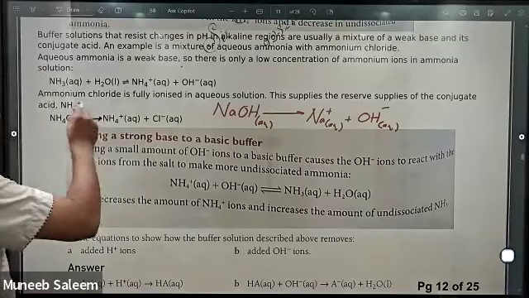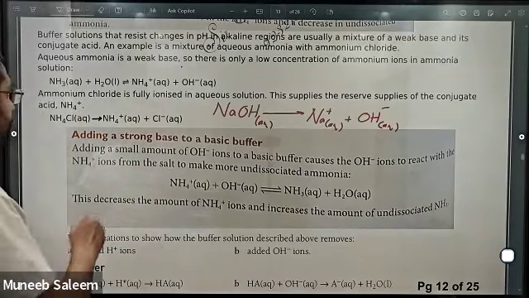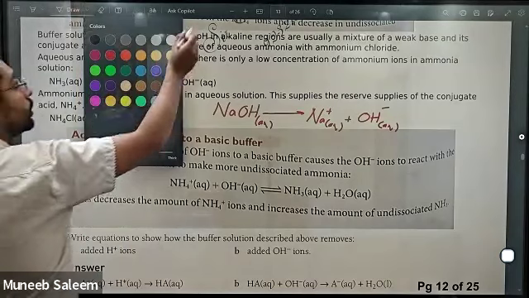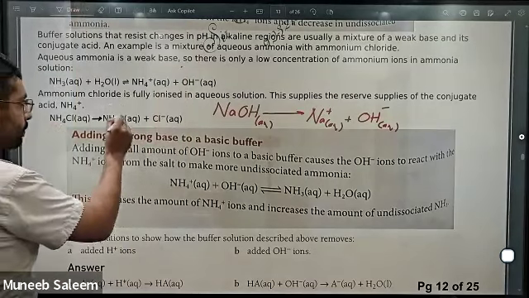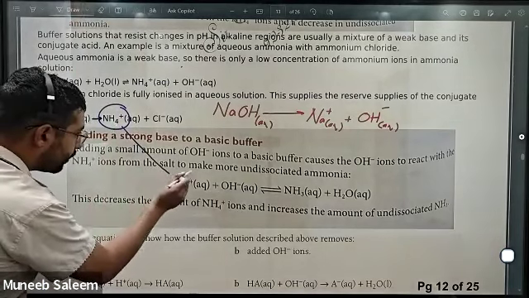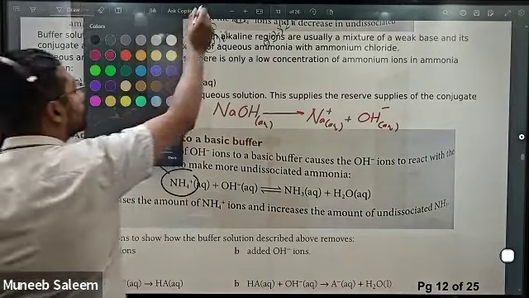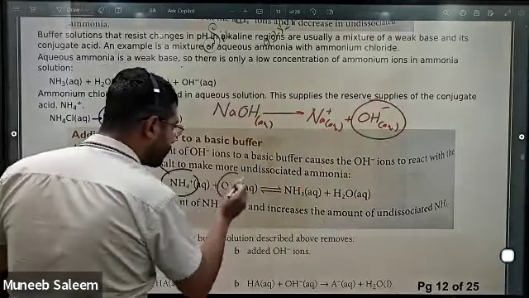And from the basic buffer, we had the formation of the ammonium ions. The salt of the weak base produced these ammonium ions. Now the same ammonium ions will come over here to react with the hydroxide ions coming from the NaOH.